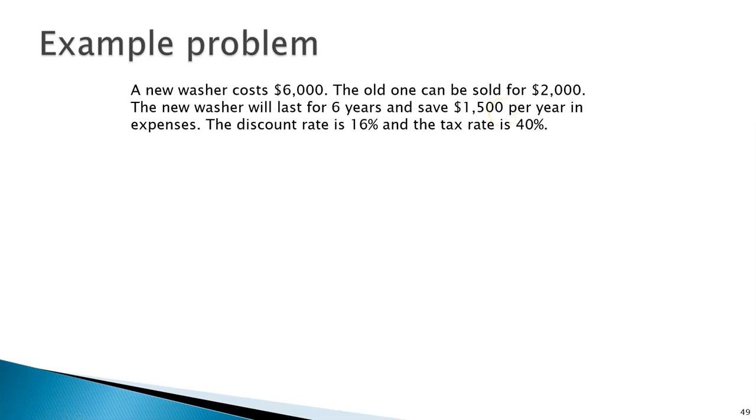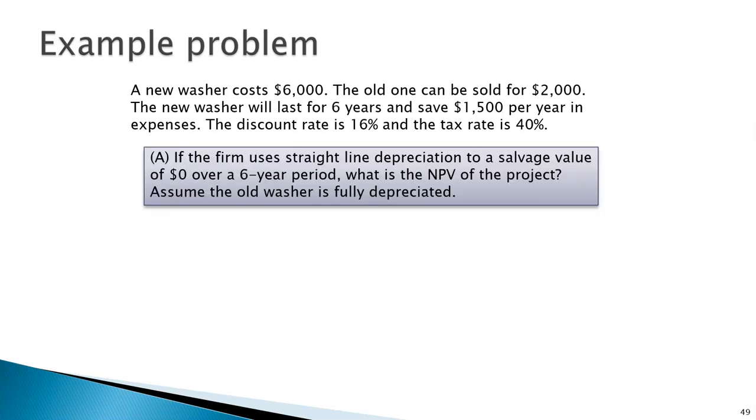Now, also because of the effective taxes, you're buying a new asset here for $6,000. You're going to have some depreciation expense there that you can take off. So that will reduce the amount of taxes you have to pay. And so those things working together, you have to see how much of this $1,500 you're going to be able to keep after taxes. All right. And then you know the discount rate and the tax rate, so you can put all this stuff together to figure out the net present value.